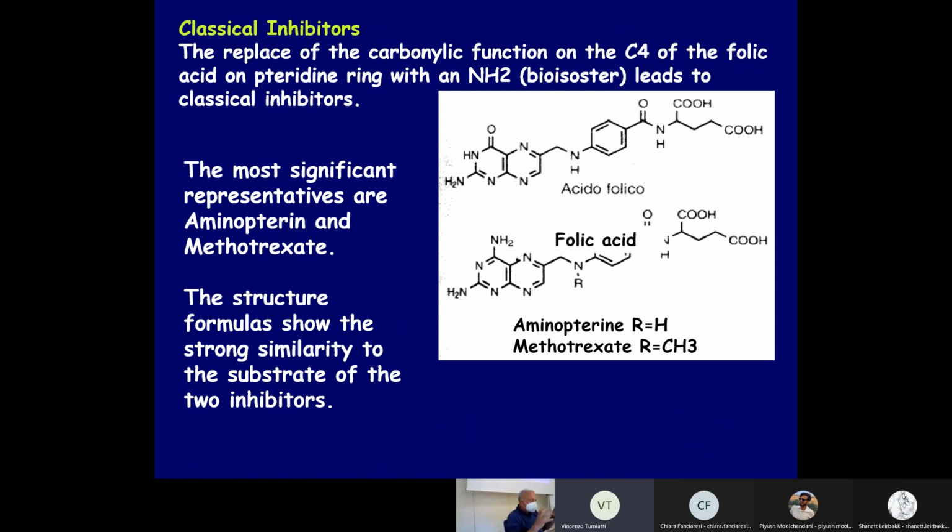So at that time, they tried to modify the chemical structure of folic acid in order to find new, more potent inhibitors of this enzyme. So folic acid represents the lead compound, the starting point.